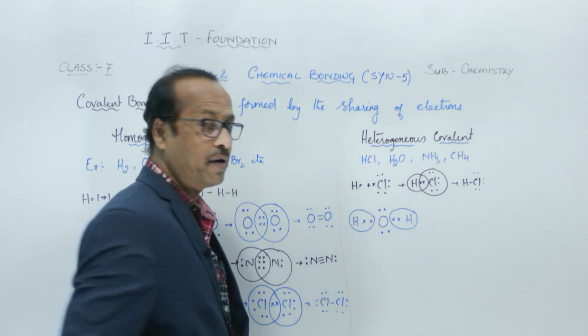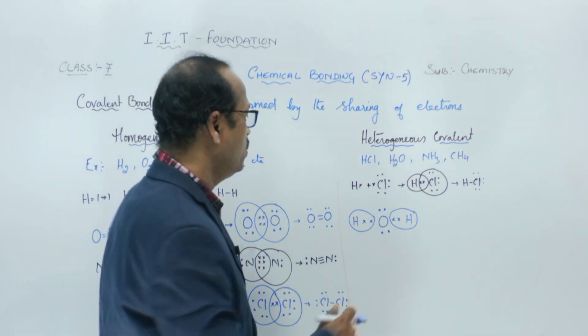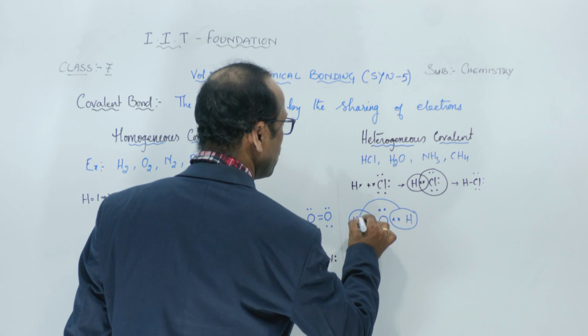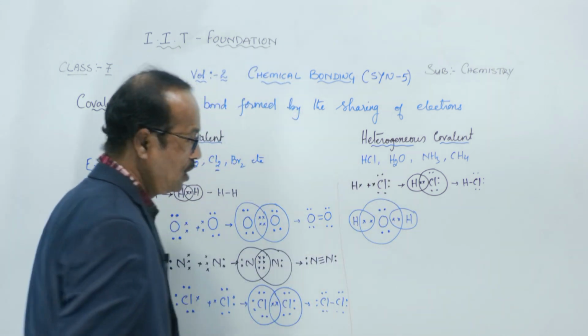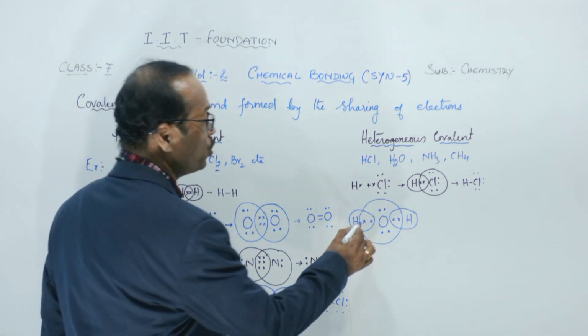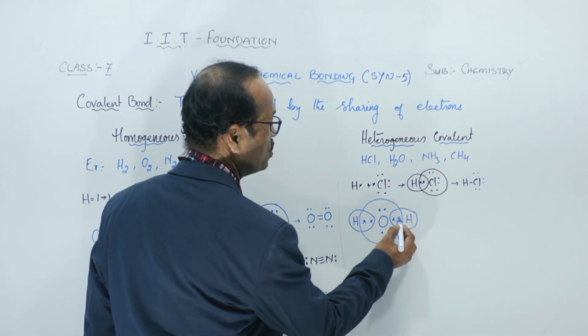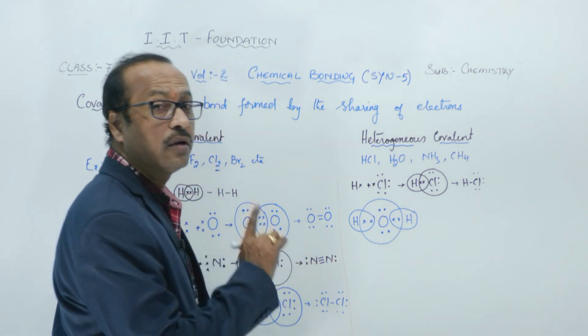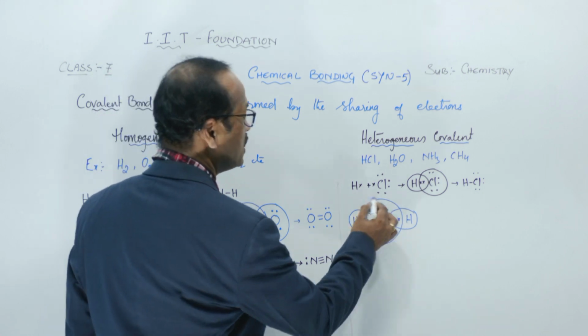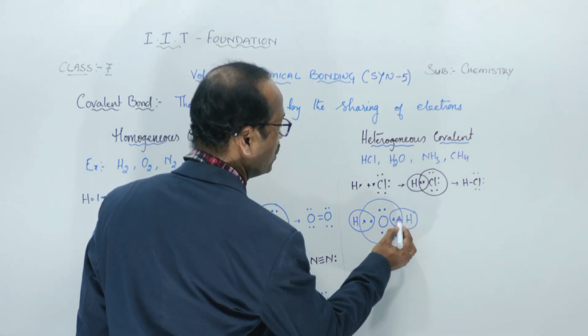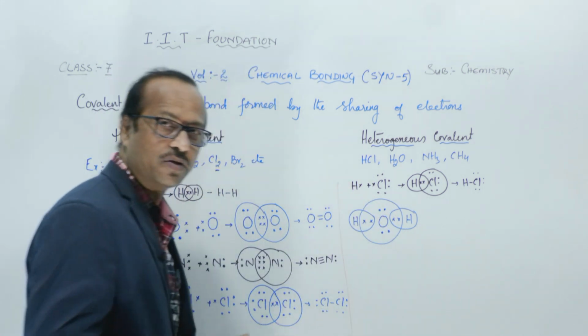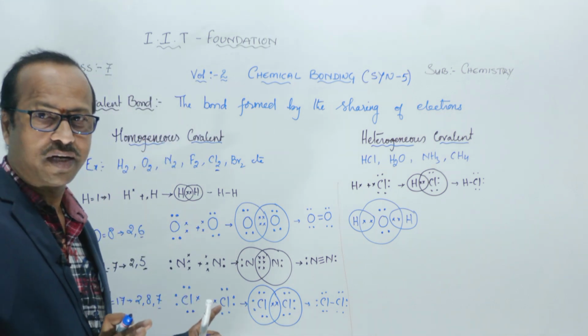Oxygen is combining with both hydrogens, so it shares all the electrons. Now every hydrogen has 2 electrons, stable by the duplet rule, and oxygen has 8 electrons: 1, 2, 3, 4, 5, 6, 7, 8. This is stable now, the octet configuration.